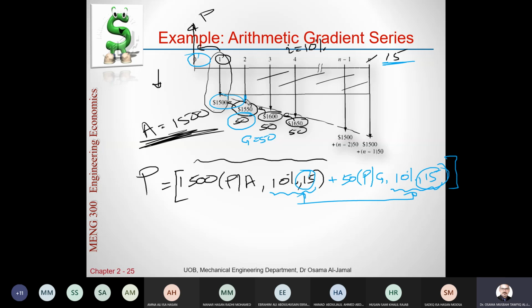Though the first increment is in year 2, we'll consider the first one as 0G, 0 increment. 1G, 2G, 3G, up to the last one, which is 14G, i.e. n minus 1 G. Why did we say 1? Because the first one appears at year 1.